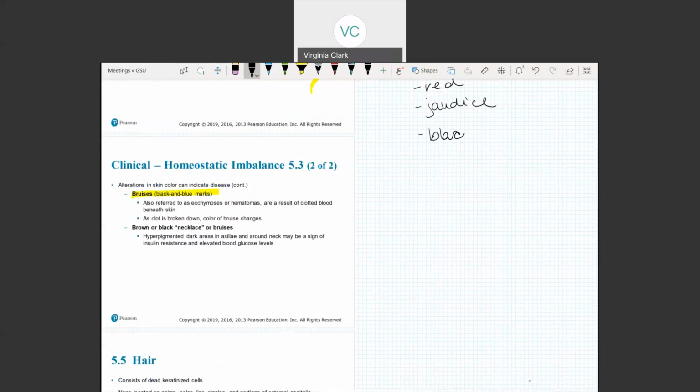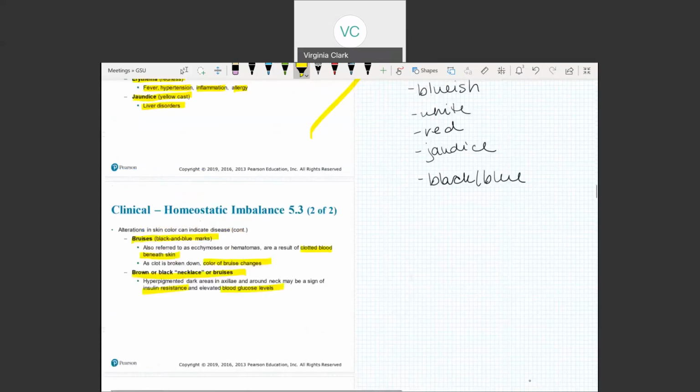Essentially, this is where you have damaged a blood cell and there's clotted blood beneath the skin. And then the color of the bruise will change based on that clot getting broken down and reabsorbed. You can also have necklaces of this blue or black or brown kind of coloration, and this may be a sign of issues with your insulin and glucose levels.